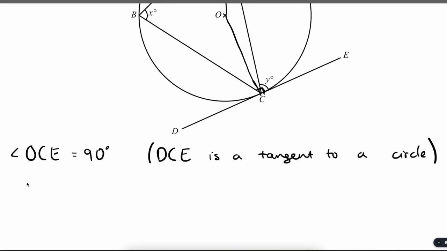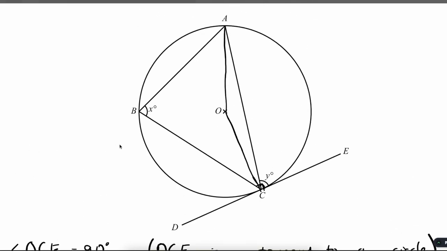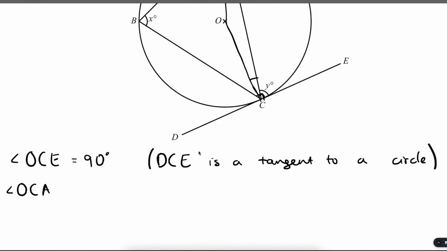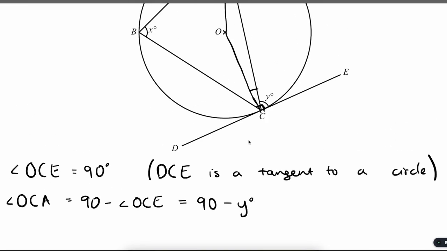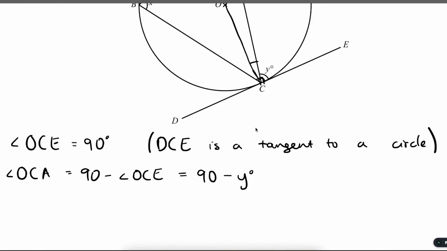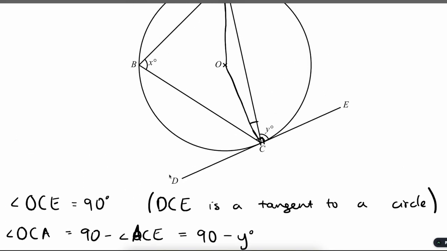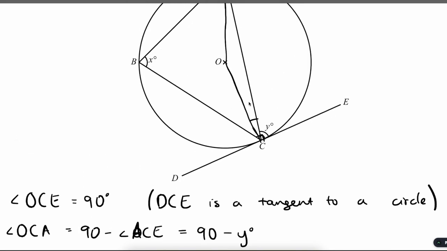Therefore, we know that OCA, which is this little angle here, is going to be 90 minus ACE, which is 90 minus y. So OCA is 90 minus y.